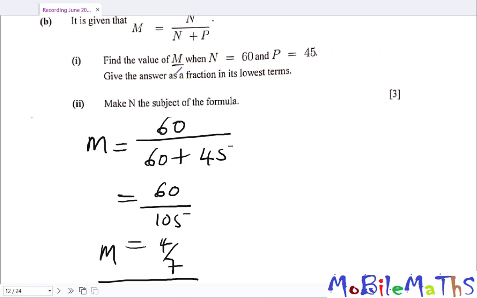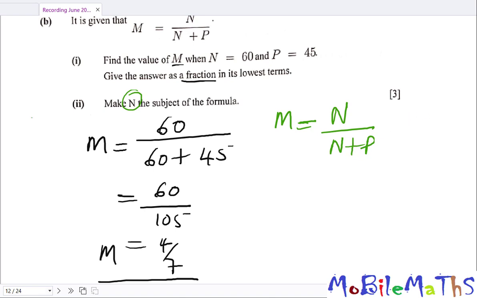Then we go to the next question, because they said give the answer as a fraction in its lowest terms. We are not giving it as a decimal. The next question says make n the subject of the formula. So we have the same equation, m is equal to n over n plus p. We want to make n the subject. So first of all, I will do away with this denominator.